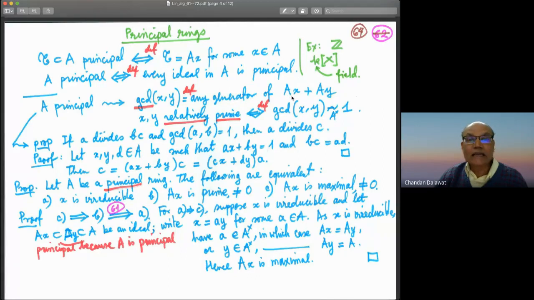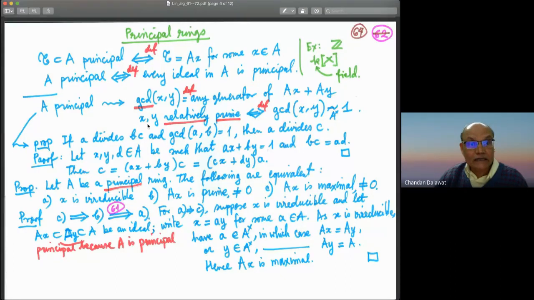You look at this ideal Ax plus Ay. Ax is an ideal, Ay is an ideal, their sum is therefore an ideal. So this ideal has to be principal because every ideal in A is principal. And any generator of this ideal is called a GCD of x and y. So here one doesn't talk of the GCD, but of a GCD.